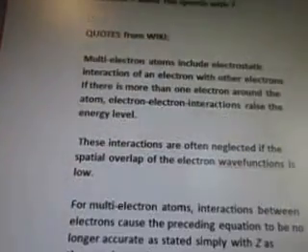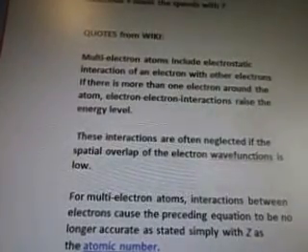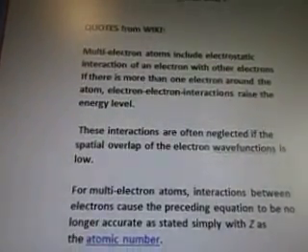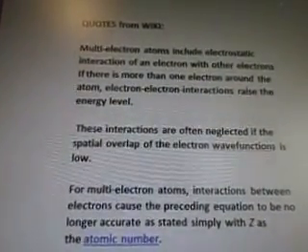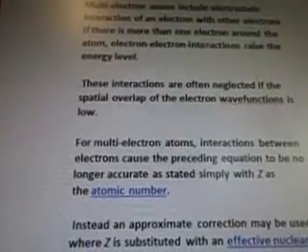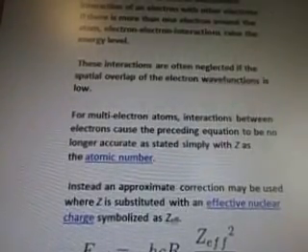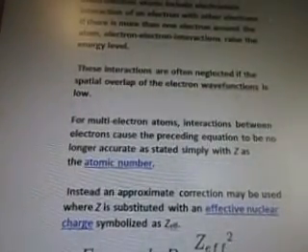So quotes from Wiki. Multi-electron atoms include electrostatic interaction of an electron with other electrons. If there is more than one electron around the atom, electron-electron interactions raise the energy level. So there's the question as to how high you can make the energy levels go. These interactions are often neglected if the spatial overlap of the electron wave function is low.